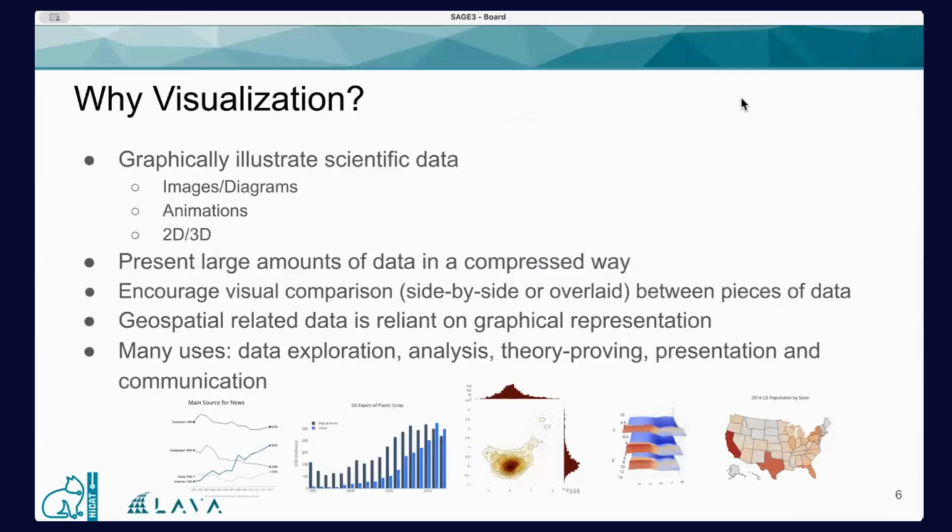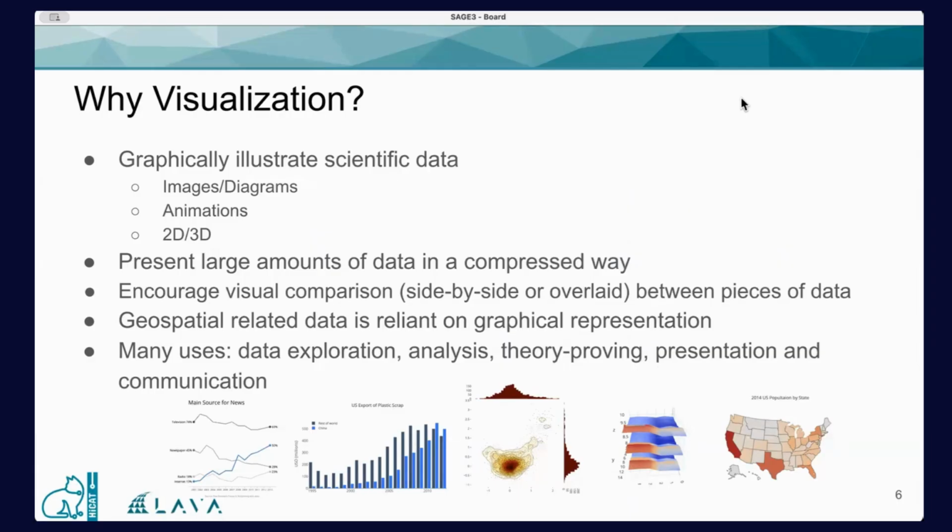So when we talk about visualization, we have a bunch of different things to talk about. The first is that it really helps us with tasks like data exploration and analysis, but also, at the end of the process, we want to communicate and present the data to other people.